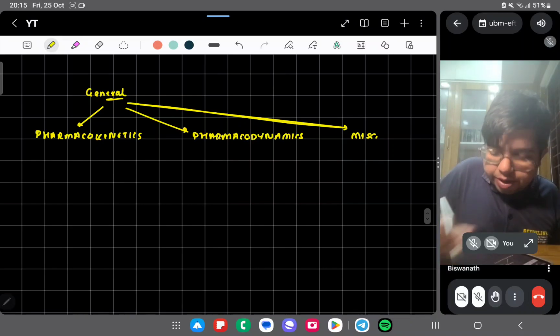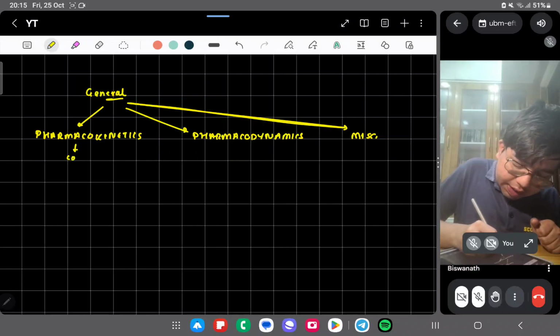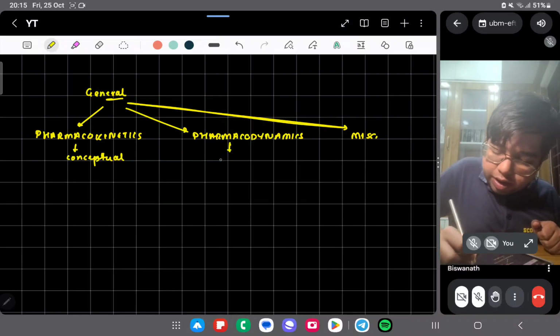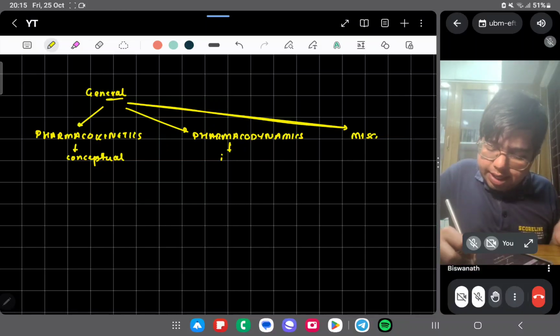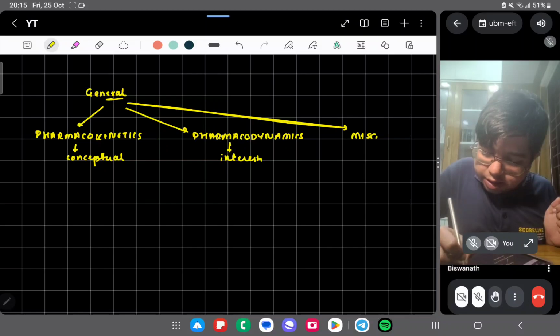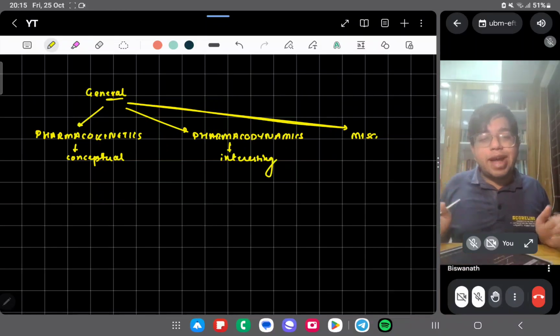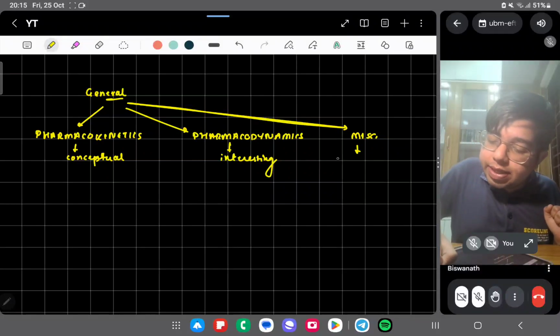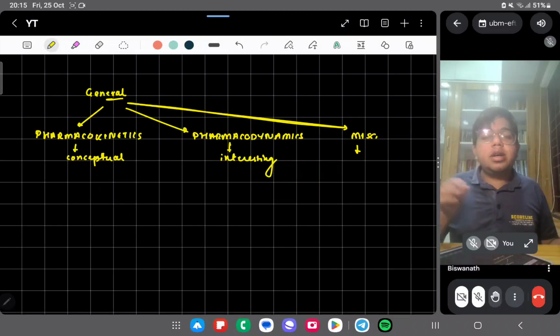So these three things we have to read, where pharmacokinetics is the most conceptual part. Pharmacodynamics has concepts too, and it is an interesting part as compared to pharmacokinetics. Pharmacokinetics will feel a bit dry to read, and these miscellaneous parts are what you have to know in medical practice.